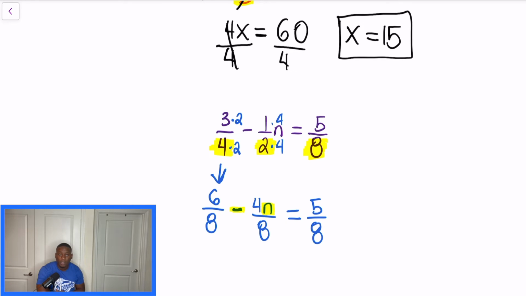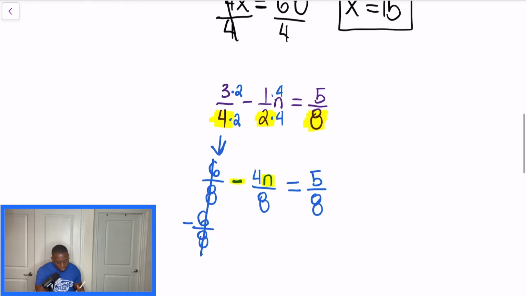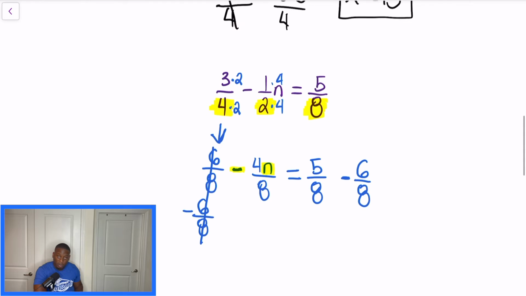So now what we want to do is make sure that we get the variable by itself. So for me to do that, we are going to subtract 6 over 8 from itself. And I'm going to go on the other side and do the same thing, right? And I'm only writing it side by side just so you guys can see it better, okay? So now we cancel out 6 over 8.